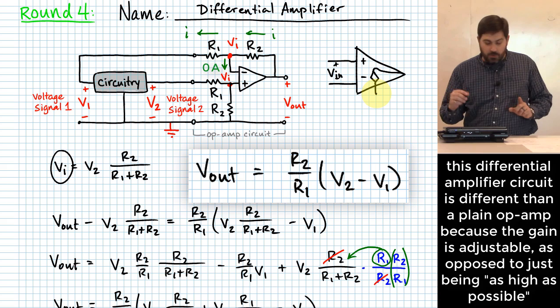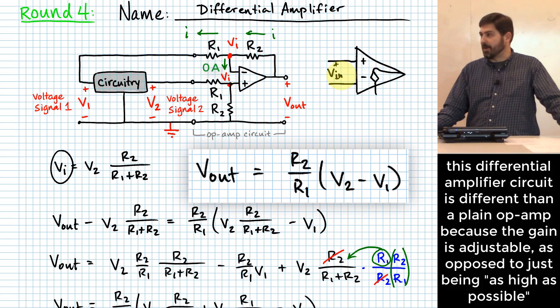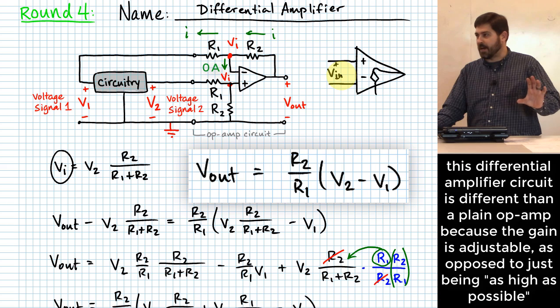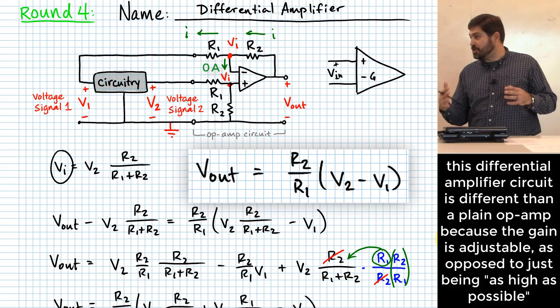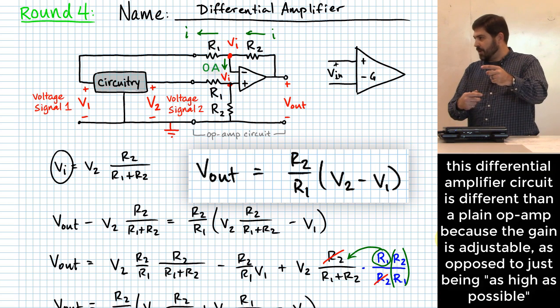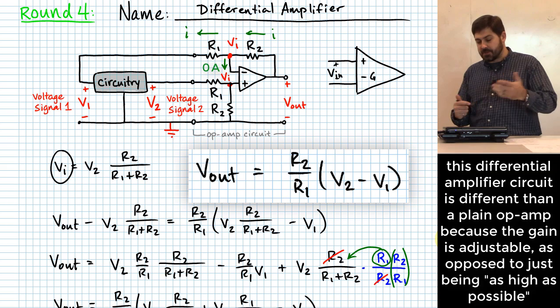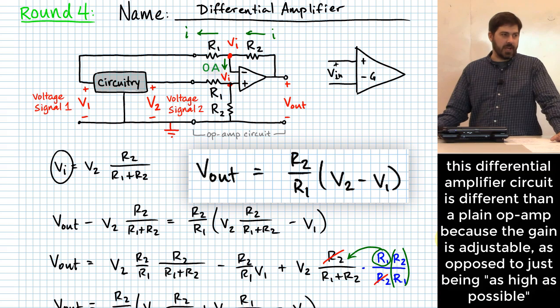The only reason I bring all that up is you multiplied V in times G. What value are you going for G with an op-amp? What's your native gain in an op-amp? What are the manufacturers trying for? I heard someone say they're going for a very, very large G. Now, you might not want an infinite G. You might want to be able to specify what kind of gain you want. So that's the big advantage of having an adjustable differential amplifier.